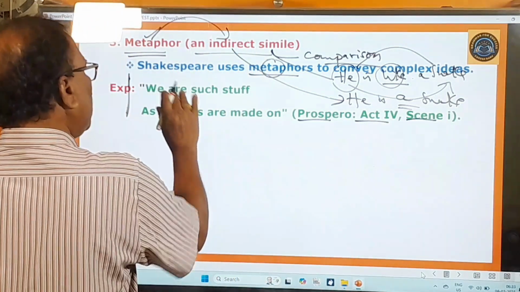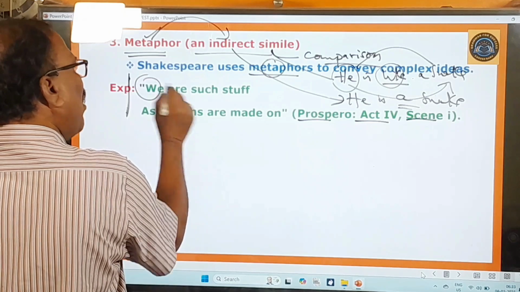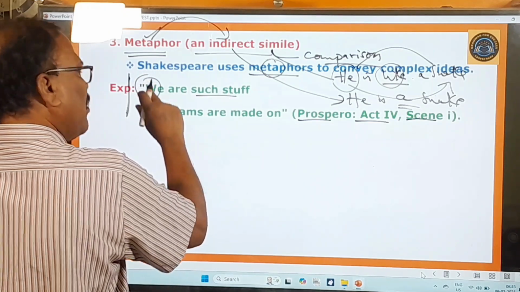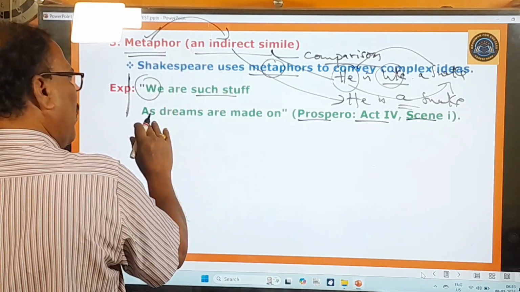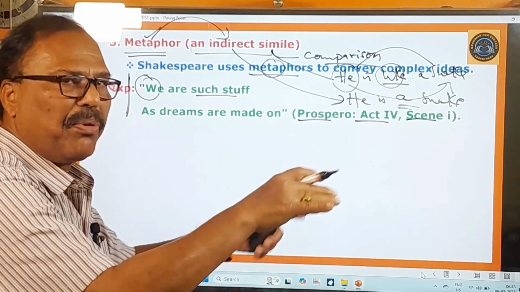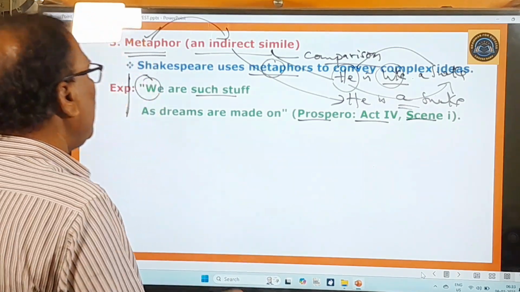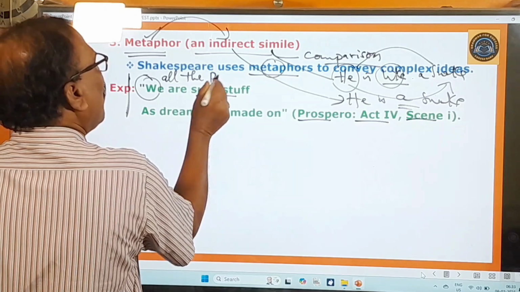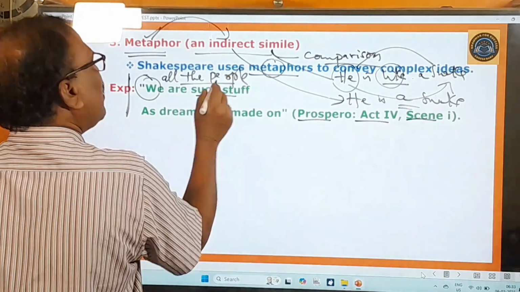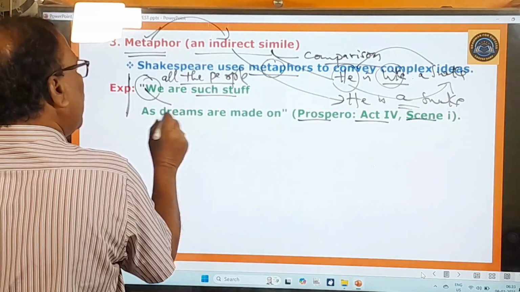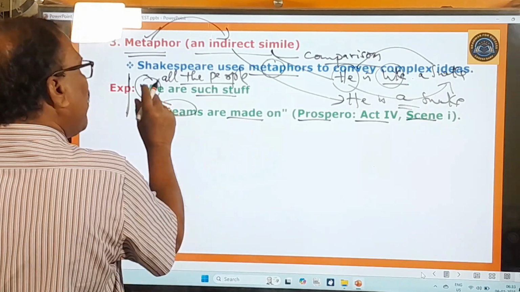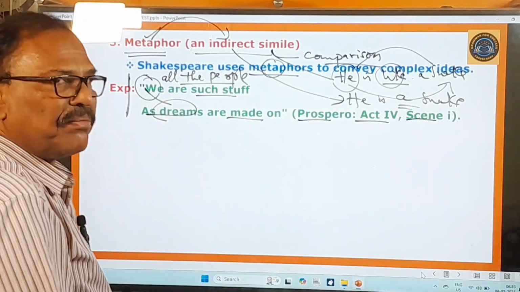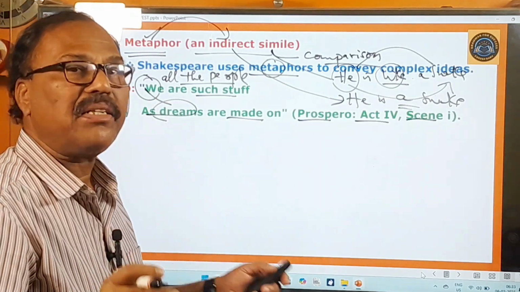And here, what is the meaning of this? Here we are such stuff. We are means on this island, we are the people. He is referring not only to the people living on that island, but he is also referring to all the people of this world. What kind of people are they? They are all just like the dreams.